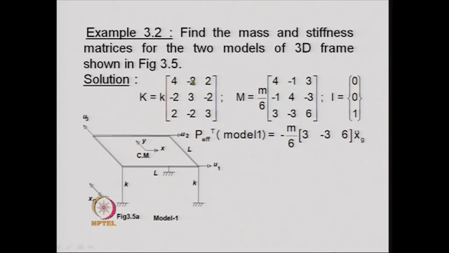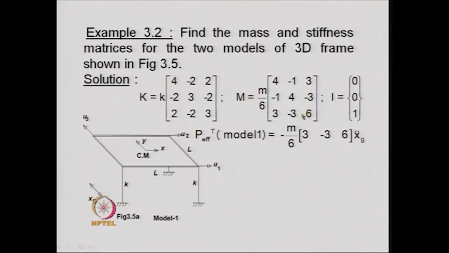Therefore, we see that the stiffness matrix of the system is a coupled stiffness matrix. There is a coupling between x, y and theta, or rather u1, u2 and u3, all the 3 degrees of freedom, there is a coupling.